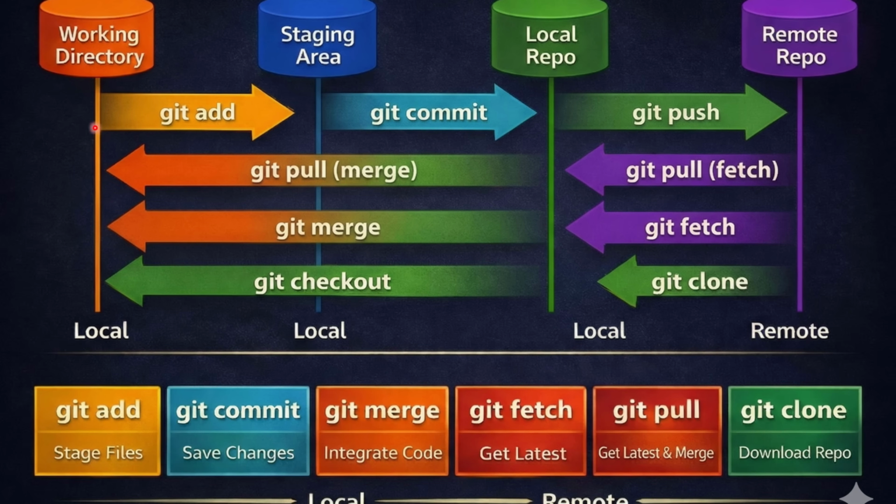So these three things, working directory, staging area, and local repository, are all on your local machine. The remote repository is on a cloud server like GitHub, GitLab, or Azure DevOps, where the team will collaborate. On a daily basis, you're working on some files, moving some files from your working directory to the staging area.